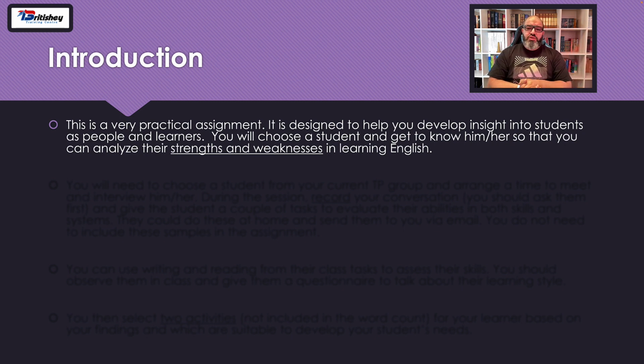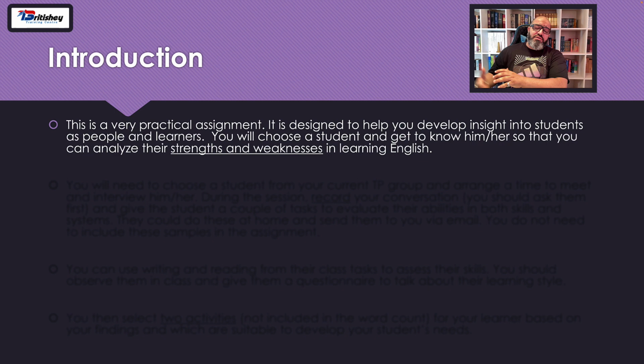Right. You will choose a student and get to know him or her so that you can analyze their strengths and weaknesses in learning English. Fine. But let me say something here. It says here, you will choose a student. This happens in some assignments, but not all assignments.